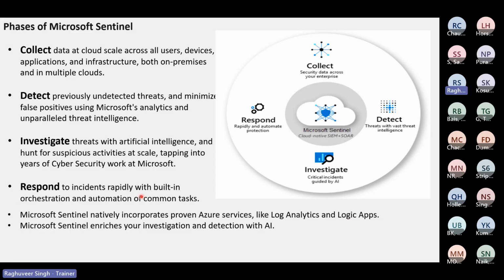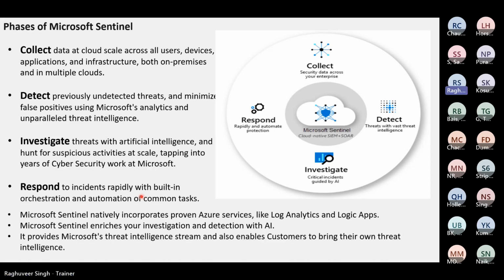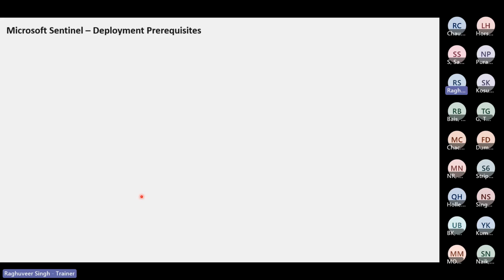Sentinel will enrich your investigation and detection with AI, artificial intelligence, and as I said, it gets a threat intelligence stream or feed from Microsoft Threat Intelligence Engine, which has the most up-to-date information about potential threats that are looming on the internet. Okay.